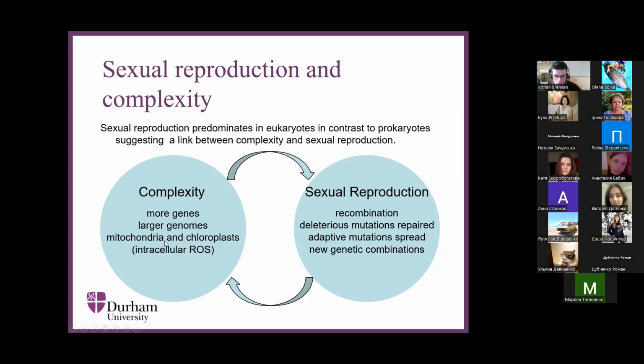And these extra genomes are usually associated with energy production, and energy production as a side effect can produce what are known as reactive oxygen species, which can be damaging chemicals inside the organism. But sexual reproduction can interact with these features of complexity and make them more tolerable.